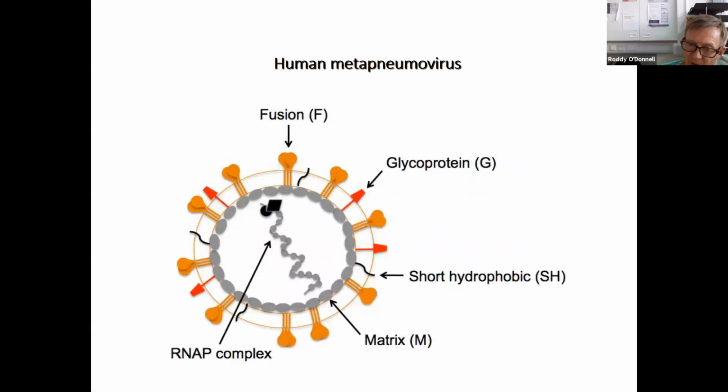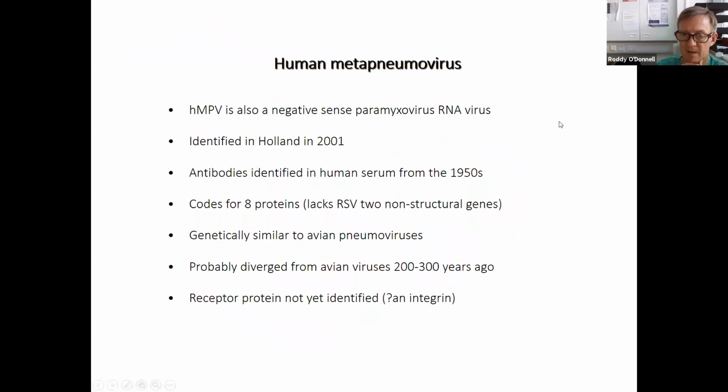Human metapneumovirus has a very similar structure. It's got a short hydrophobic surface molecule, just like RSV, a glycoprotein, highly variable, just like RSV, and a fusion protein. And it's got an RNA complex with matrix proteins, a polymerase, and a phosphoprotein.